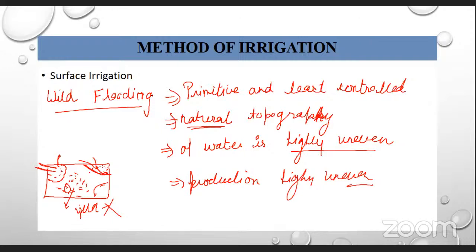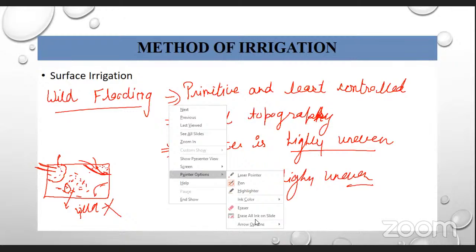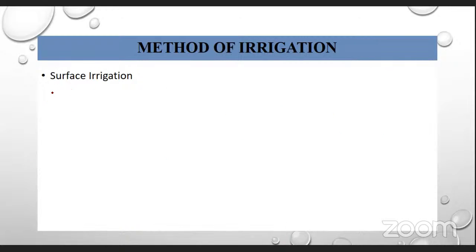Now we have controlled irrigation. The first one was the basin. But before that, we just focus on controlled irrigation. In this, the land is leveled, whereas in wild flooding we do not give any leveling.